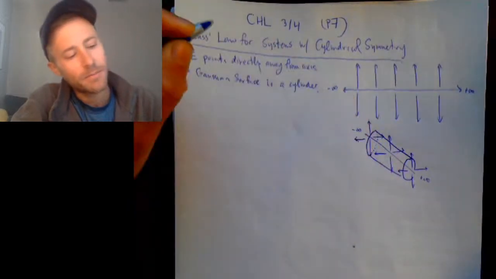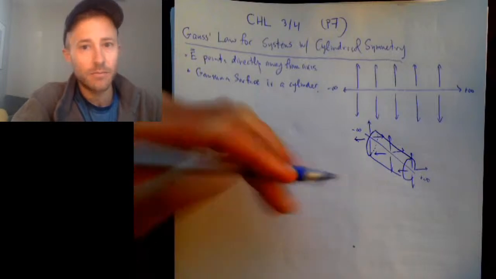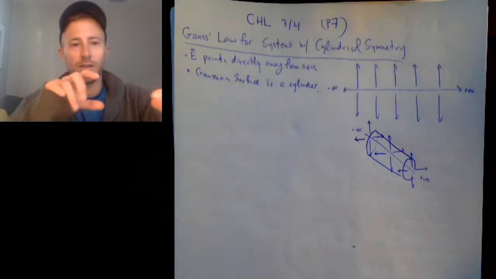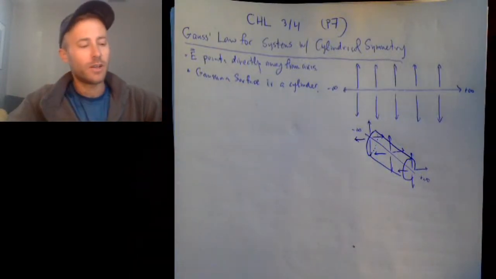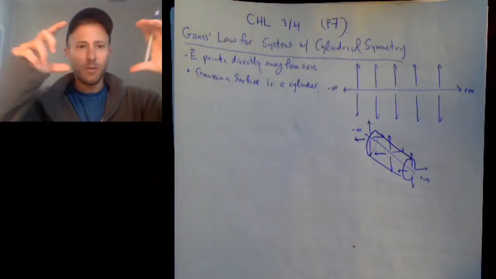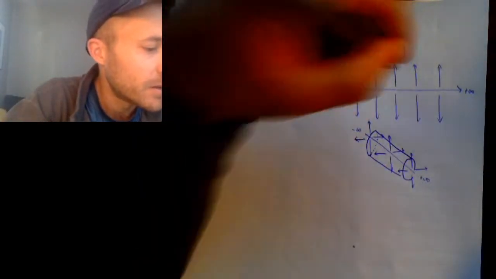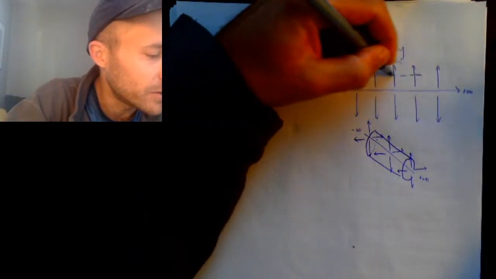If we were to look at it from its side, take a toilet paper roll. Our Gaussian surface is basically a toilet paper roll, and you look at it from the side, it just looks like a rectangle.